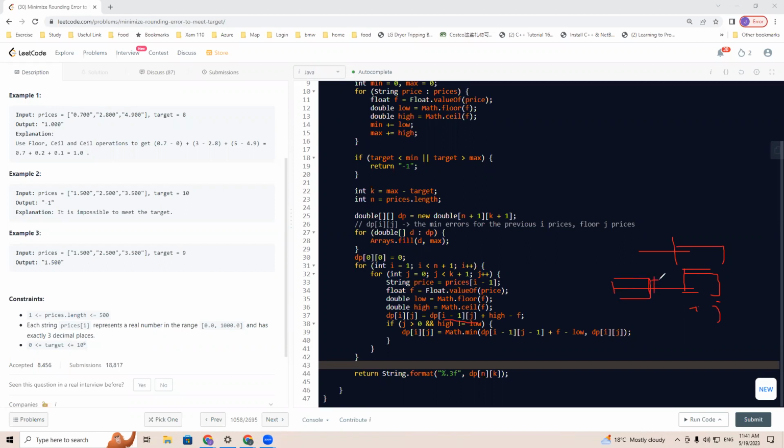So sorry, let me clear this. This is ij, it will depend on i minus 1 j minus 1 here, and also i minus 1 j, these two numbers. So in this case, we can convert to one-dimensional dp instead of two-dimensional dp to simplify this.